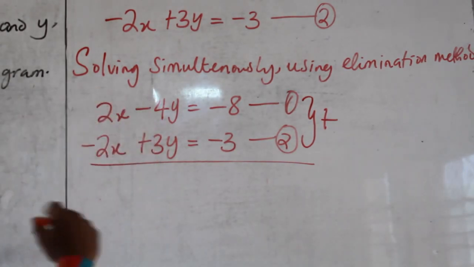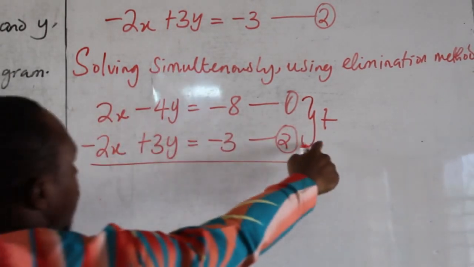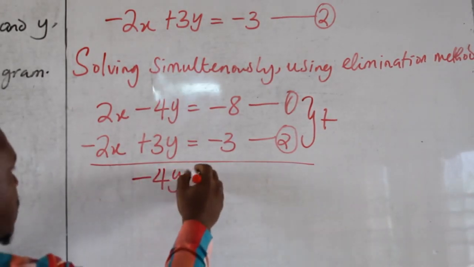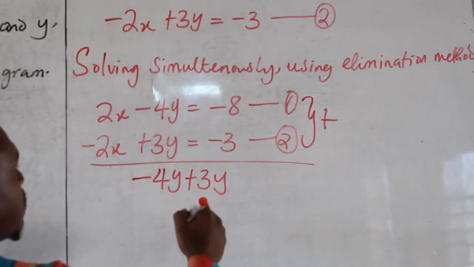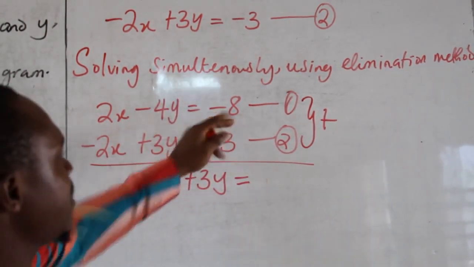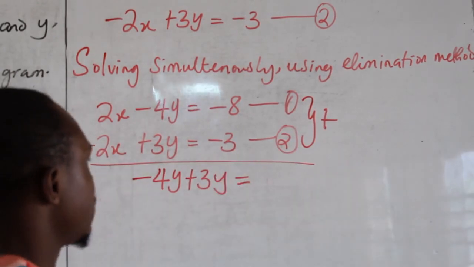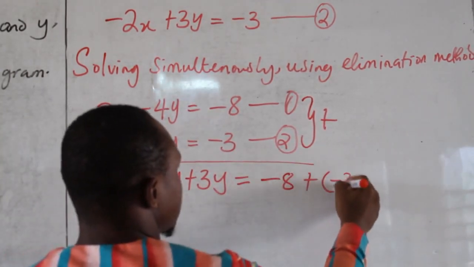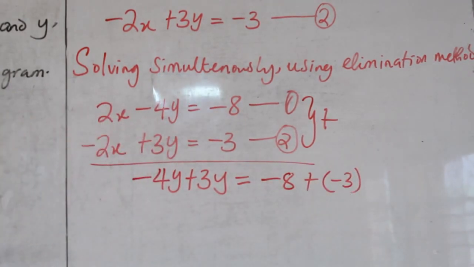Now we move on here. We have minus 4y plus 3y. Minus 4y plus 3y is equal to, come over here, minus 8 plus minus 3. Okay?